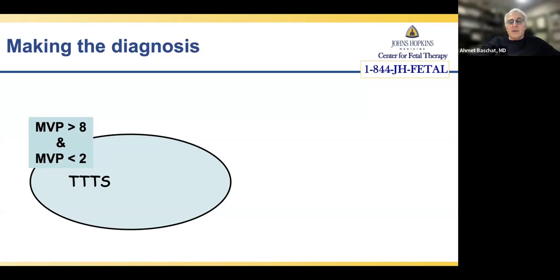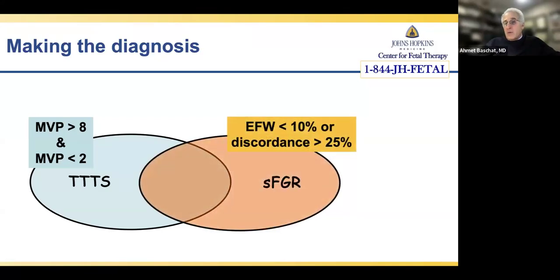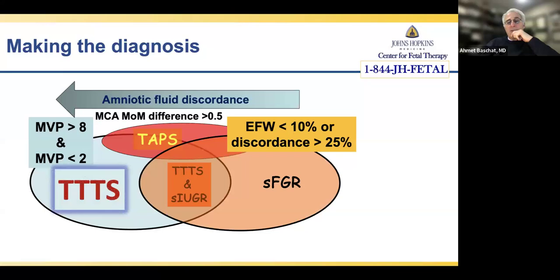So looking at maximum fluid pockets gives you an inkling if there's volume discordance going on. Size discordance over 25% is typically associated with placental share problems, and there is a group of pregnancies where there is concurrent TTTS as well as sFGR. And then there's a group of pregnancies where there is also discordance in the MCA peak systolic velocities, particularly if there's coexisting fetal growth restriction.